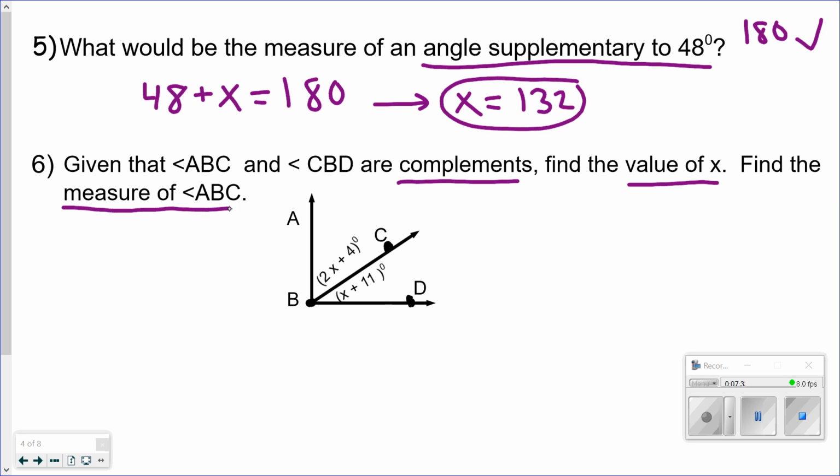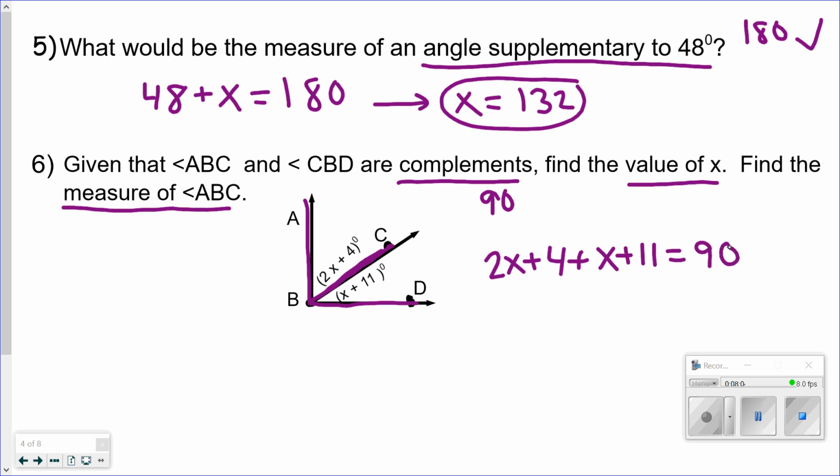All right, so ABC, so this angle right here, and CBD are complements. What does complement mean? They add up to 90 degrees. So I'm going to write this out, that 2x plus 4 plus x plus 11 is equal to 90 degrees.